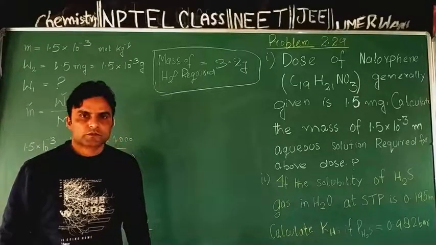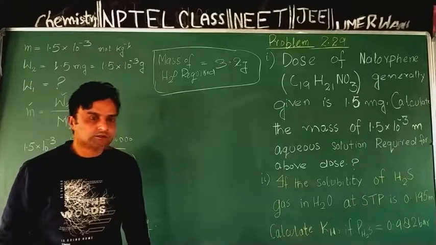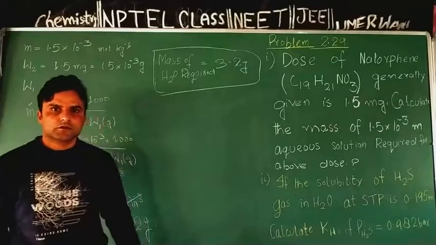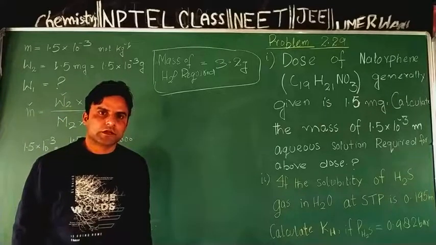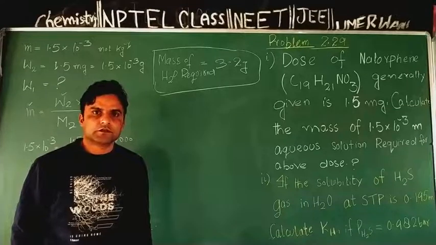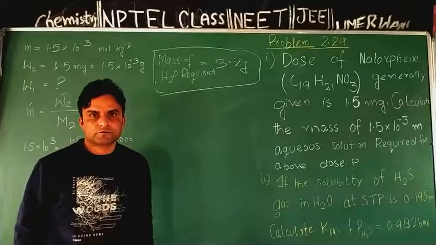Second, it has a rotten egg like smell. It has a characteristic smell, and that smell resembles the rotten egg smell. Next, it is used in the laboratory in qualitative analysis so as to detect elements.